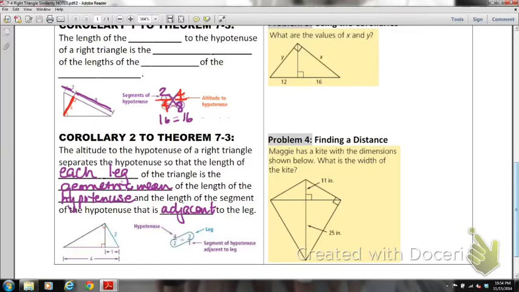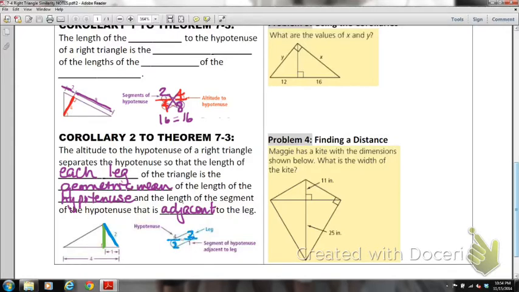Here you still have an altitude that's dividing that right triangle's hypotenuse into two parts. But here we're going to look at the length of one of the legs of that original large right triangle. That is going to be the geometric mean.